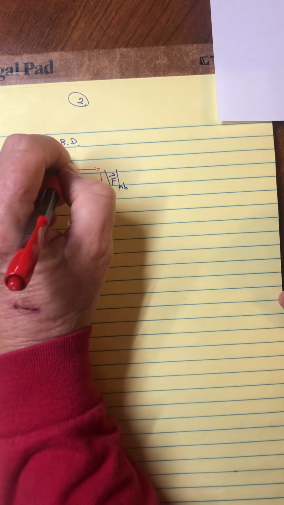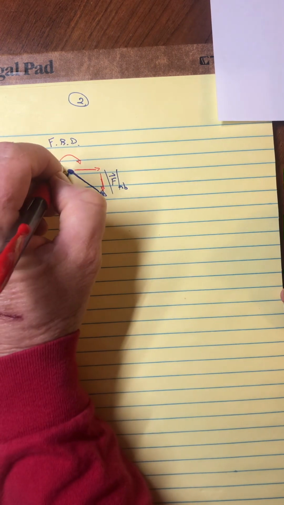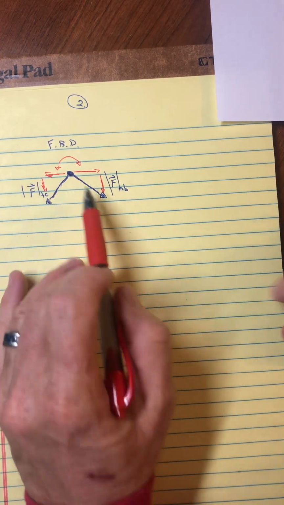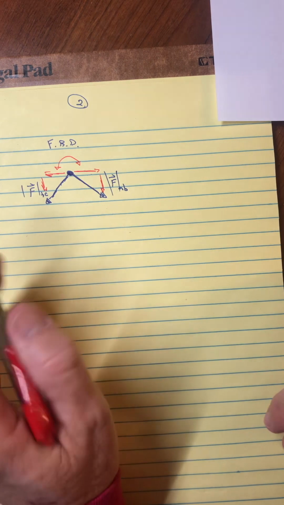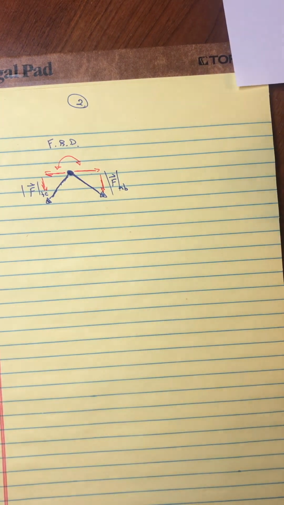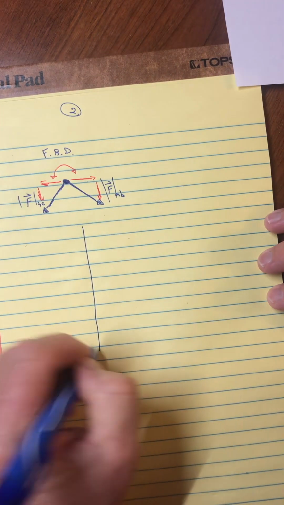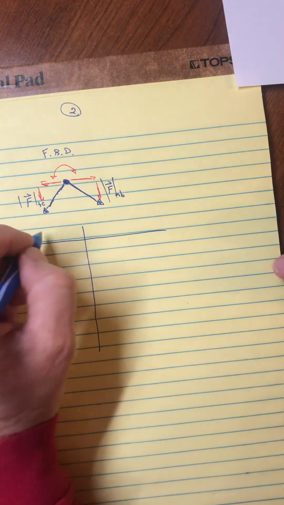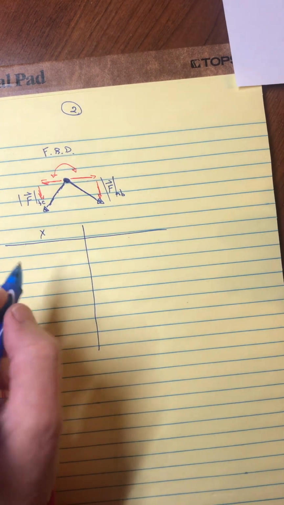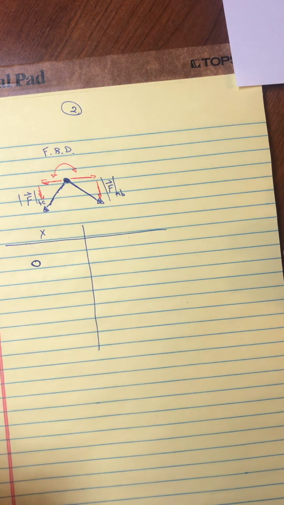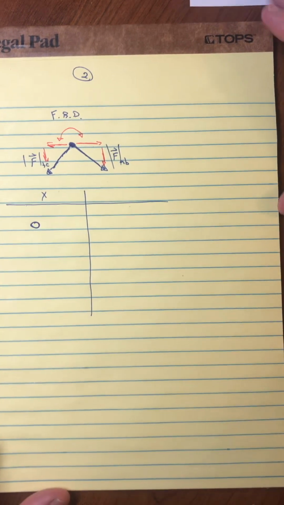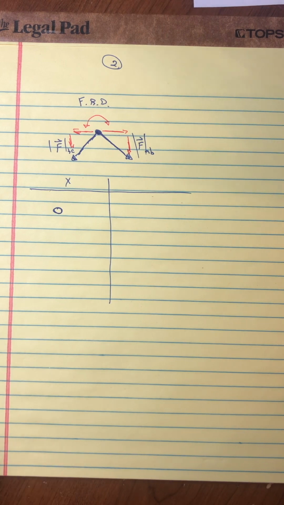But my point is that the x component, this one going to the right and this one going to the left, are equal and opposite. And so now, if I look at the x component, I'm going to get just a 0. And so that was kind of nice about this shortcut, if you will.